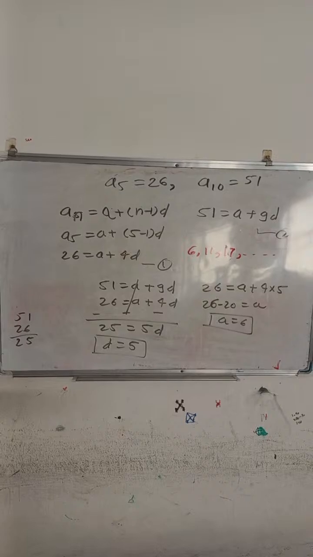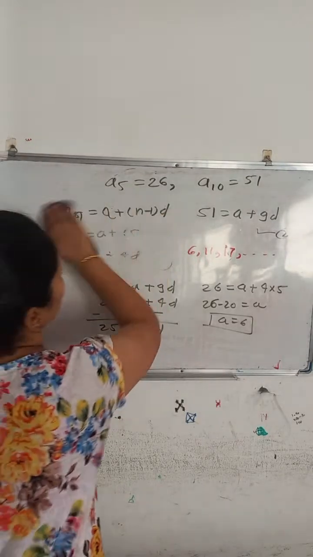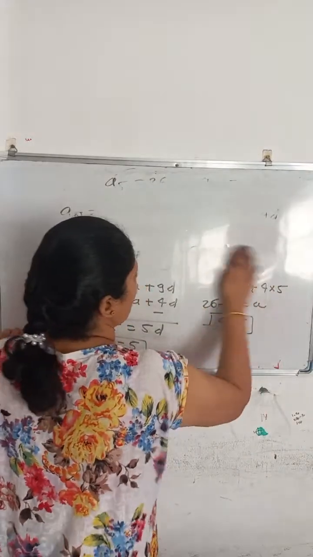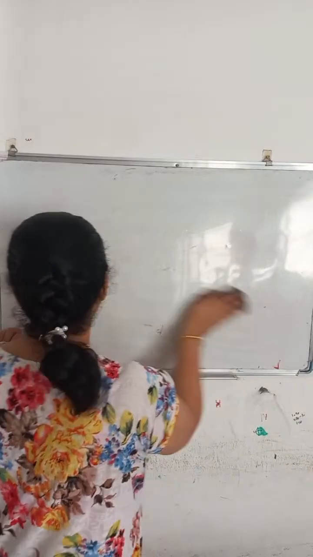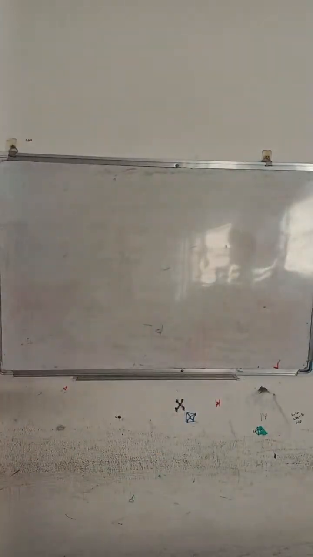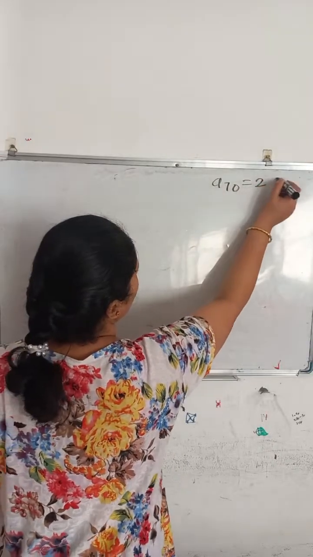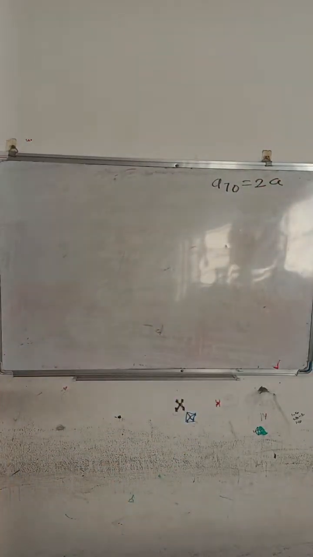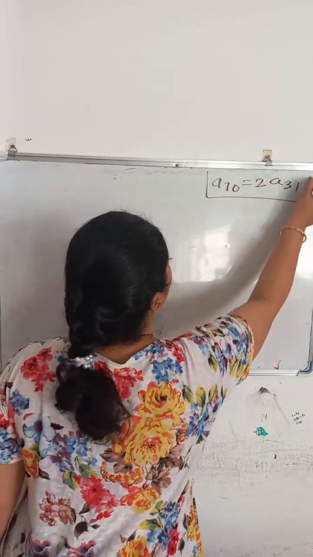We know what we have to prove, but how we have to prove it is very important. So here what we have to prove is a 70th term is twice the 31st term. This I want to prove.